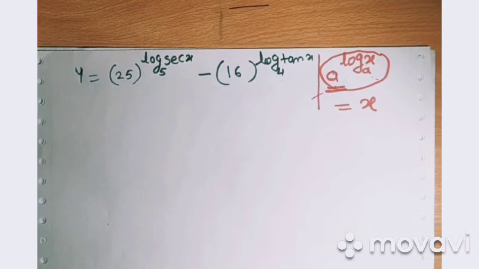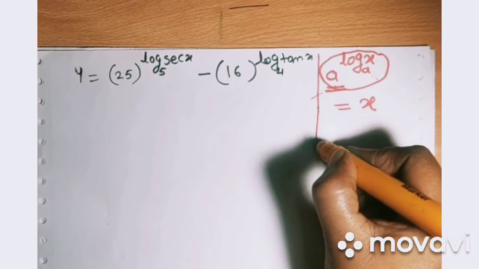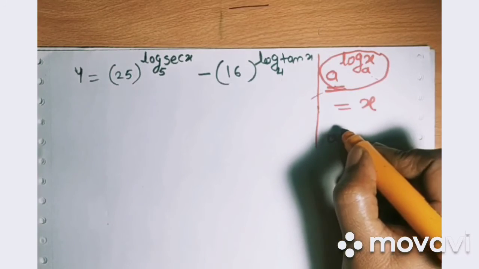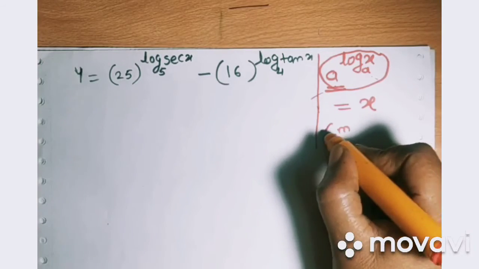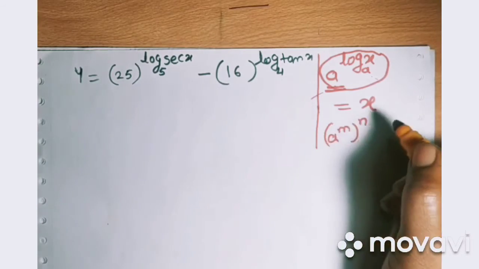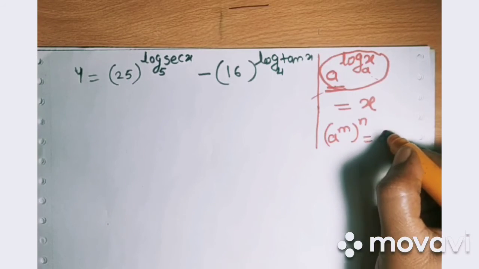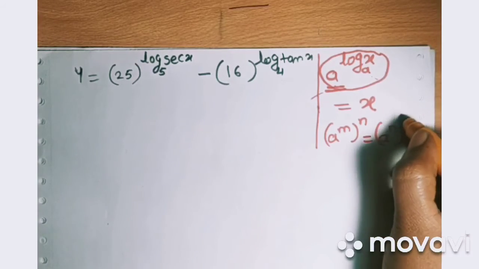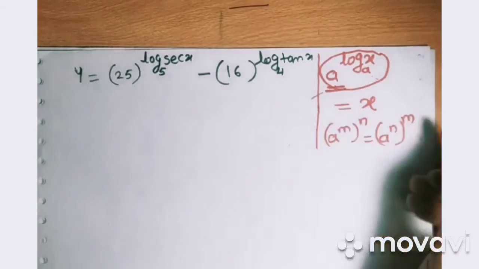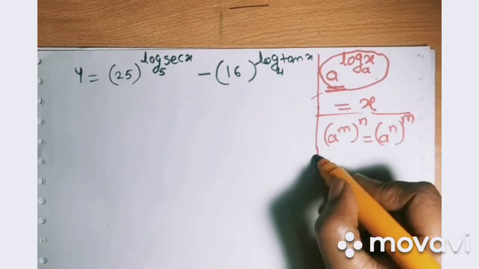We have to use another formula of indices also, that is a raised to m raised to n, which is also written as a raised to n raised to m. For this example, we have to use these two results.